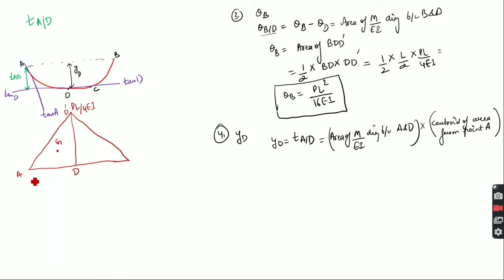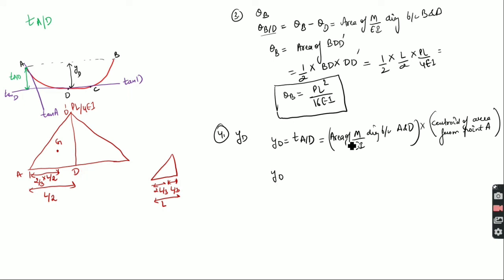We want to find the distance of the centroid from point A, and AD is L by 2. So this distance AG will be 2 by 3 of L by 2. In a triangle, the centroid distance is L by 3 from one end and 2L by 3 from the other, if the whole base is L. Now our base is L by 2, so we take 2 by 3 of L by 2.